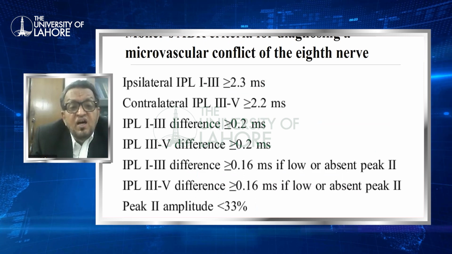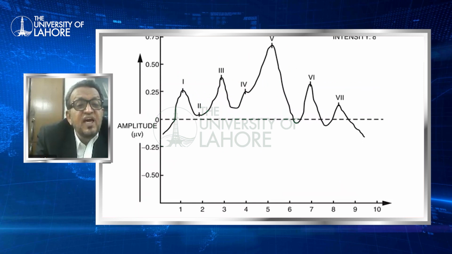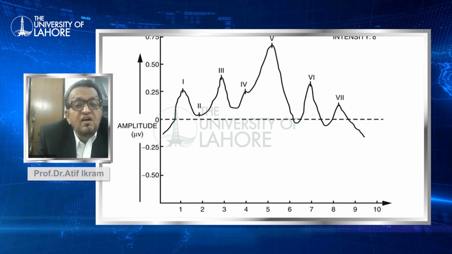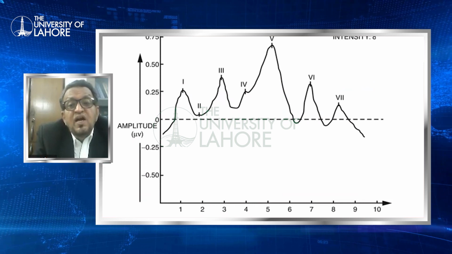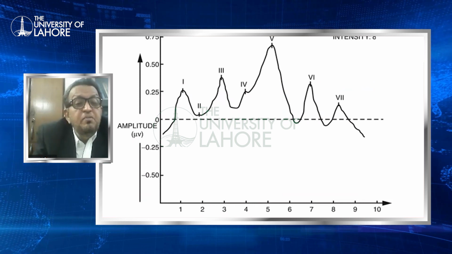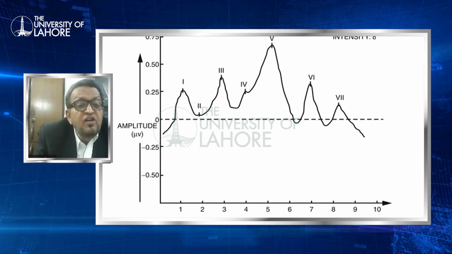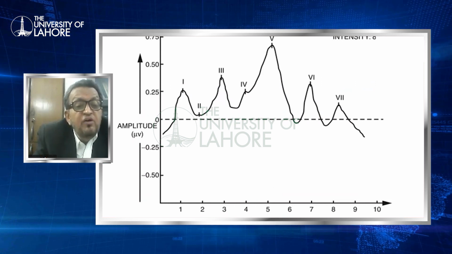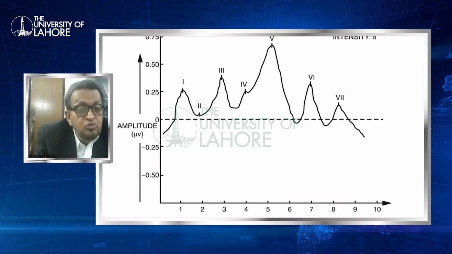Ipsilateral, these are differences. Let me come to the norms. At an intensity of 80 dB NHL, the wave 1 latency will be between 1 and 2 milliseconds.